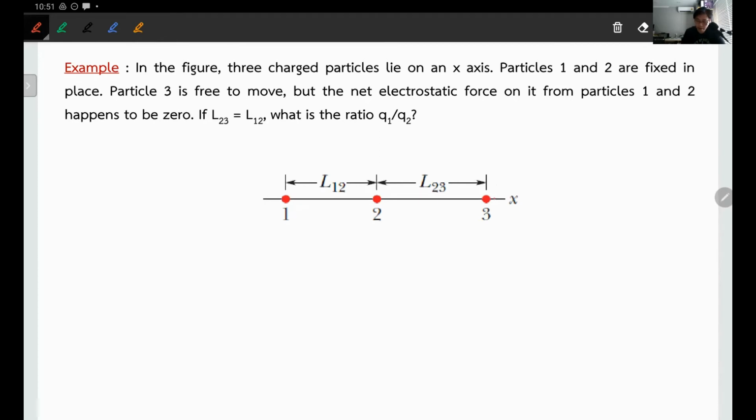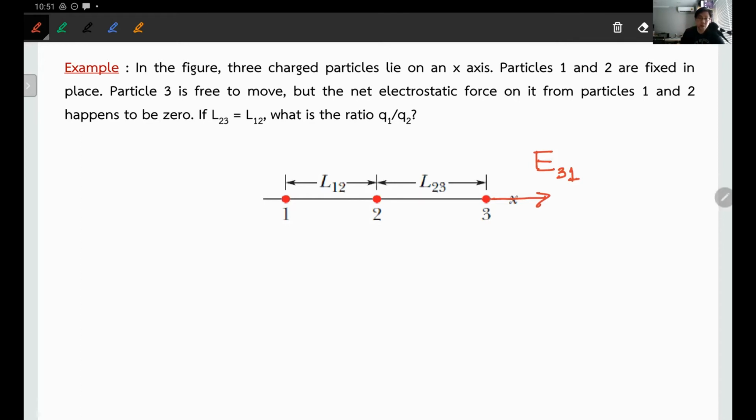If I want to speak in terms of the field, let me call this field at position 3 due to charge number 1 E31. We don't need to have a pair of numbers, but just to be clear, let's use the double numbers to represent the pair.